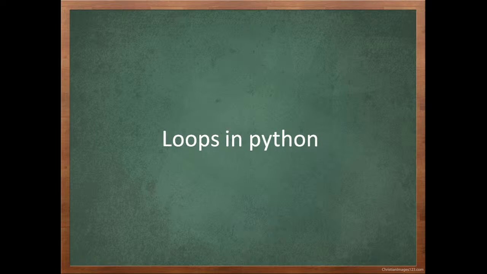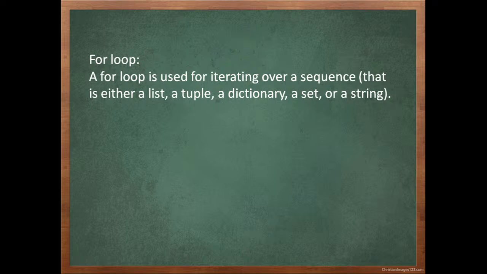Okay, loops in Python. There are two types of loops in Python. We usually use them for iterating over sequences like strings, lists, tuples, sets, arrays, and data frames. Let's see how the for loop works. A for loop is used for iterating over a sequence.